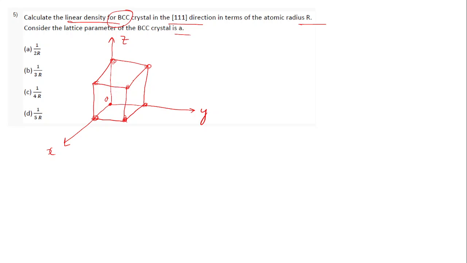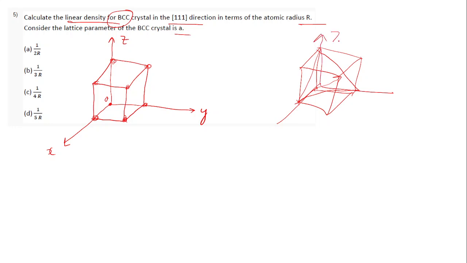Now we understood this is our cubic crystal, and next is the 1, 1, 1 direction. Now which direction is the 1, 1, 1 direction? This is a very bad diagram, but this is the 1, 1, 1 plane, and perpendicular to it is our 1, 1, 1 direction, if this is the x, y, and z axis.